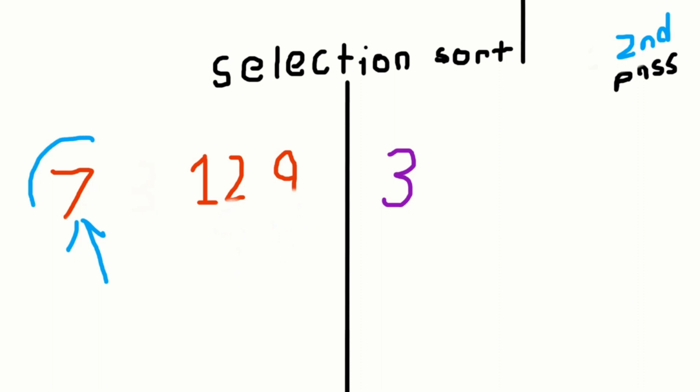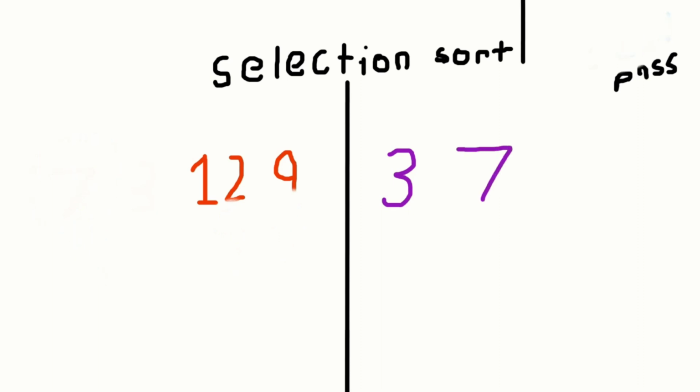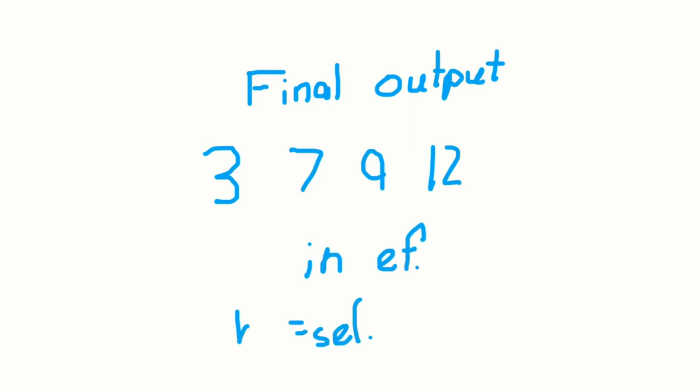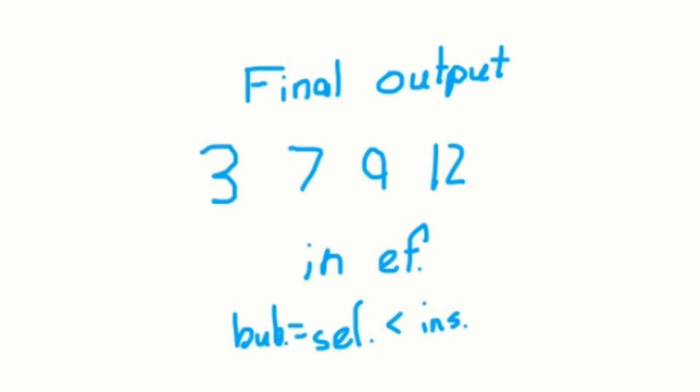It then continues with this and keeps going on with the second, third, and fourth passes. Once all the numbers have been moved over to the sorted side in order, that is the final output of the list. In terms of efficiency and how good of an algorithm it is, it's about equal to bubble sort, but it is less efficient and slower than insertion sort, comb sort, or quick sort.